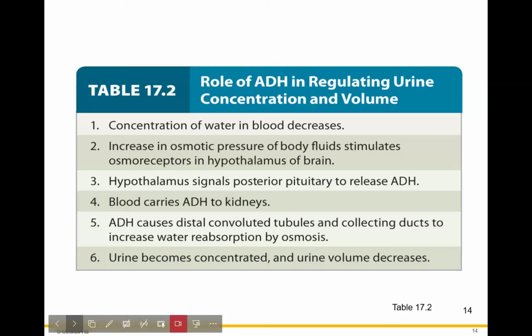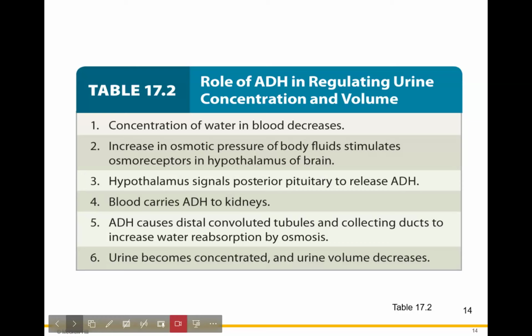To make that a little easier to understand, if you have a decrease in water, that means you have an increase in osmotic pressure. There are osmoreceptors in the hypothalamus. Remember, the hypothalamus is the key regulatory center for homeostasis, and it triggers the release of antidiuretic hormone that is then carried to the kidneys, and it causes the distal tubules and collecting ducts to increase water reabsorption.